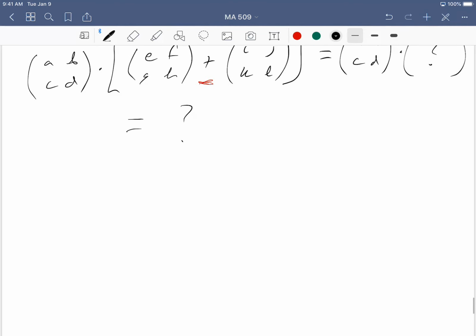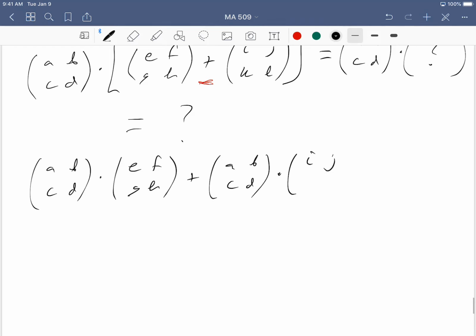And then we're going to try the other side of the distributive property. We're going to try if I had distributed, do I get the same thing? So if I had done ABCD times EFGH and add to that ABCD times IJKL, what do I get and is it the same? And so here you're going to be doing those products first, right?